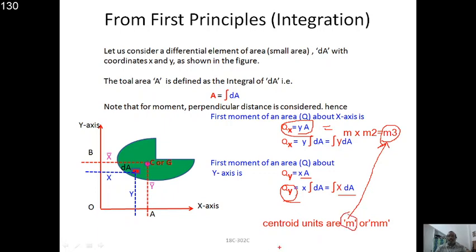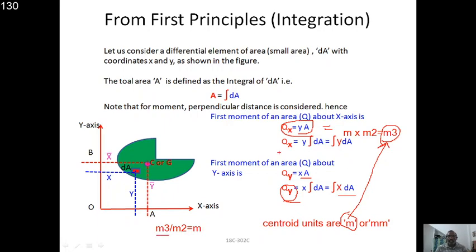So what do I have to do? I have to divide by meter square. Meter cube divided by meter square gives meter.